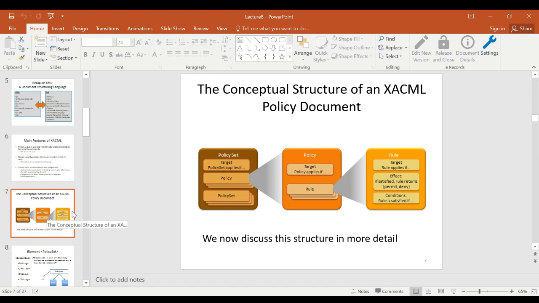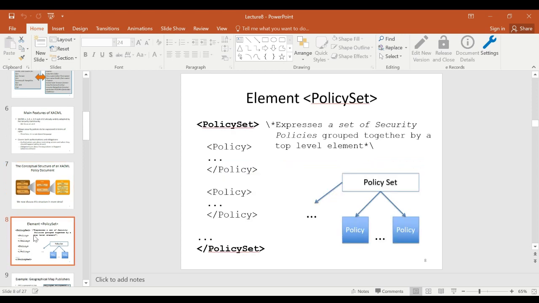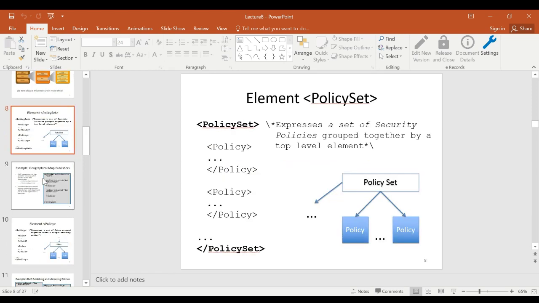Now, the rest of the lecture goes through this structure, examining what the elements of each attribute are. We start with the topmost element, and that's the element of a policy set. As the name suggests, a policy set is an attribute that expresses a set of policies.